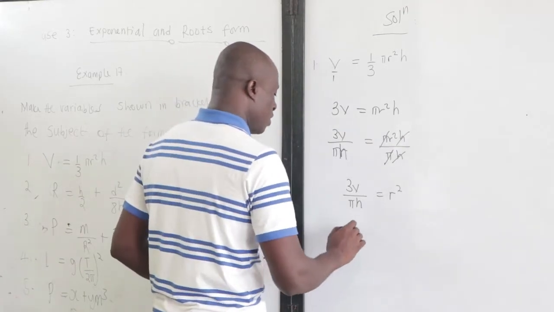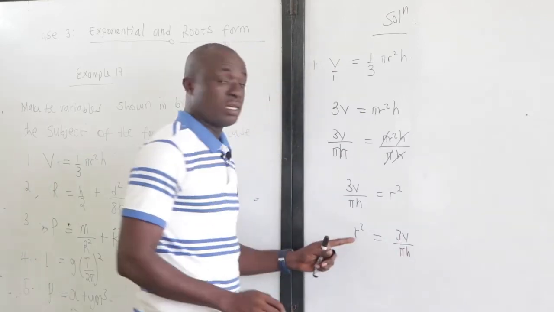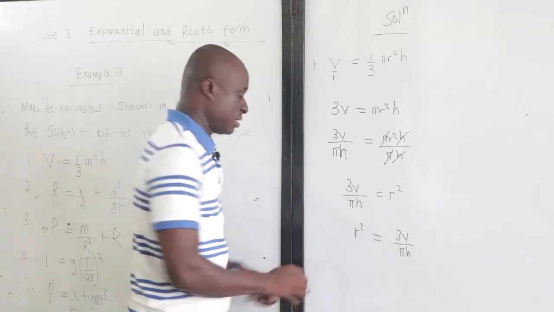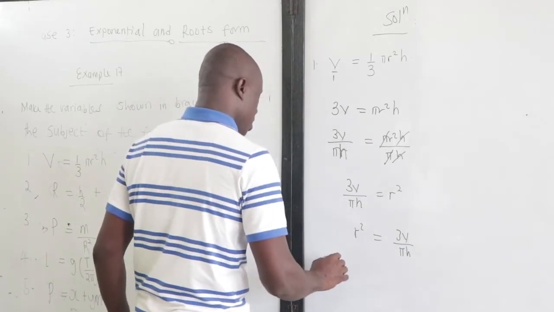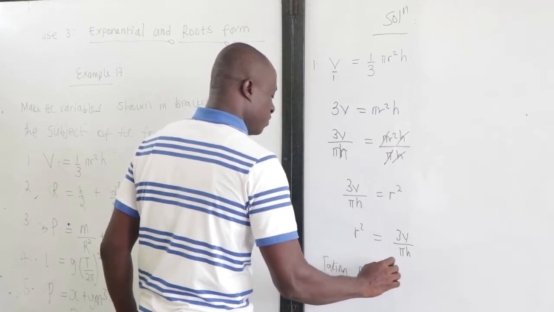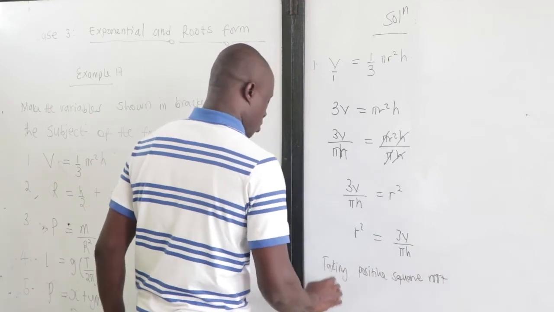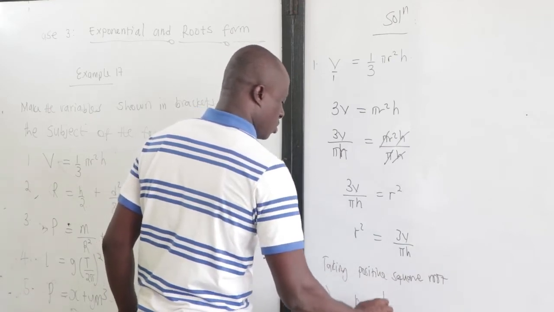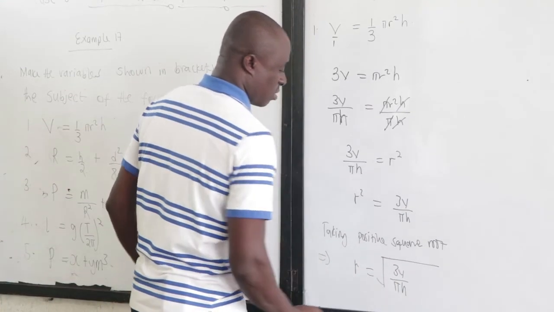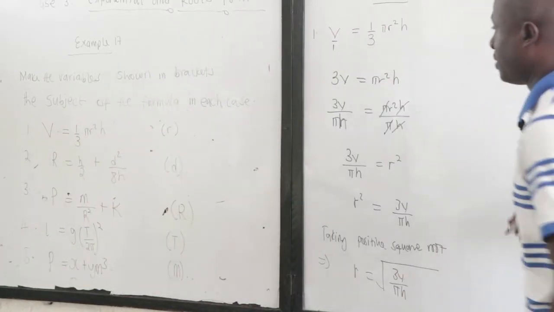Now we have r squared to be equal to 3v over pi h. Here, when you take the square root, we are going to get plus or minus. But then we can say that taking positive, I'm restricting it, positive square roots. Therefore, I have r to be equal to positive square root of 3v over pi h. Now let's see the second one.